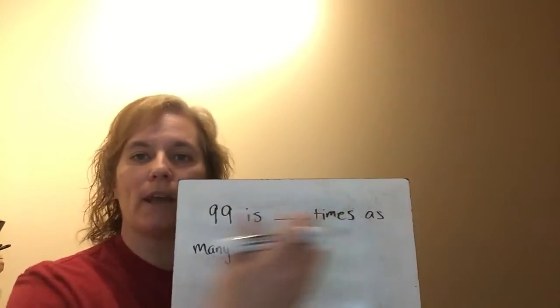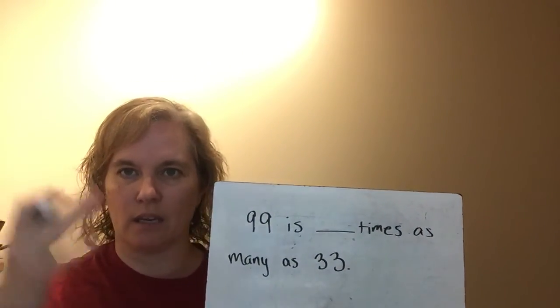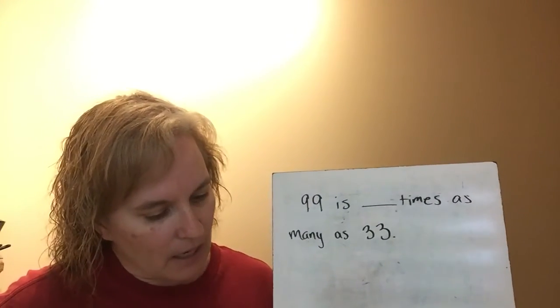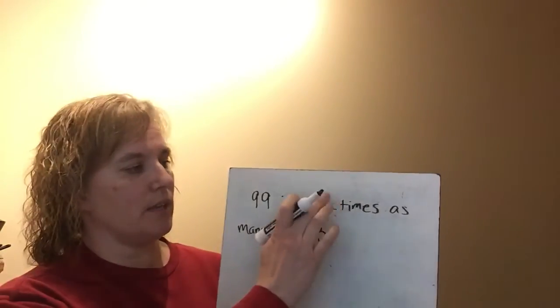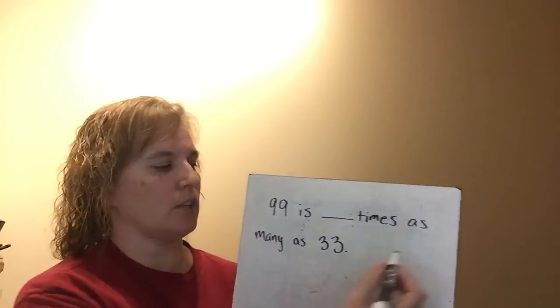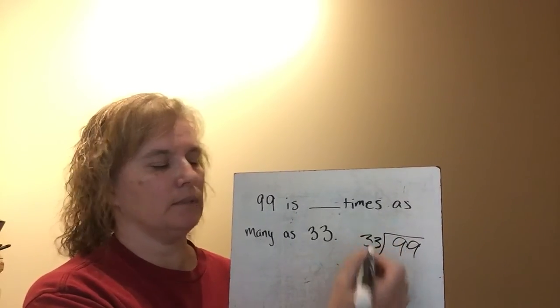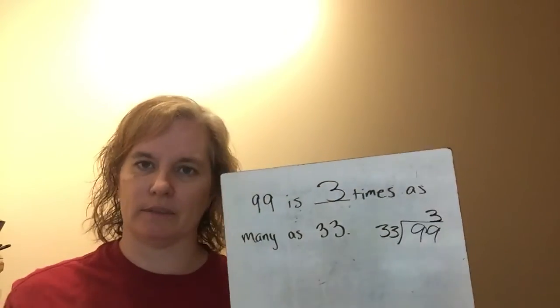This is always the format. Now, you're not going to have to write this out. You think it in your head. So in your head, you can say 99 is how many times as much. They even say how many times. So you know this is what you're finding. Take your big number, divide it by your small number, get a 3. So your answer there is 3.